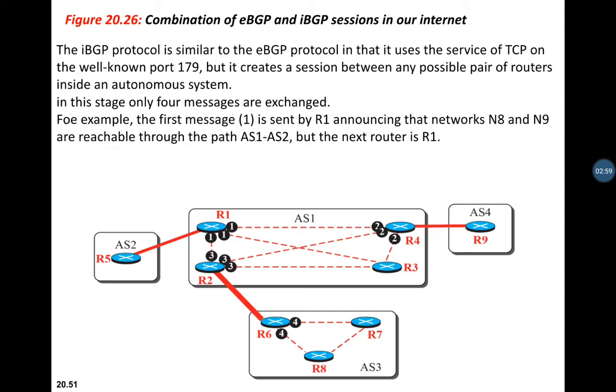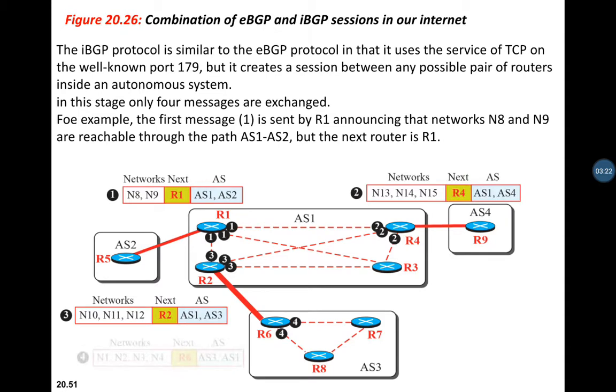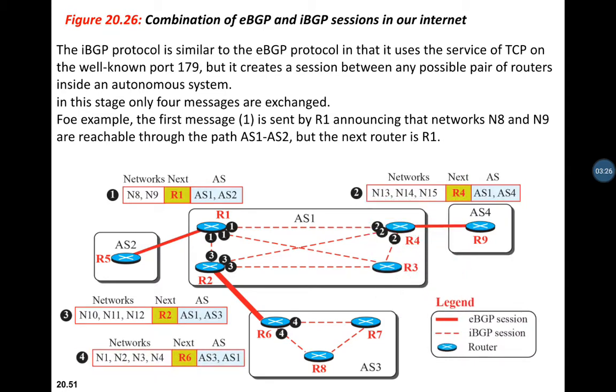The first is sent by R1 announcing that the networks N8 and N9 are reachable through the path AS1, AS2, and the next router is R1. In a similar way, other messages tell about R2, R6, and also R4, R9. You can see these 4 messages here with respect to R1, R4, R2, and R6.